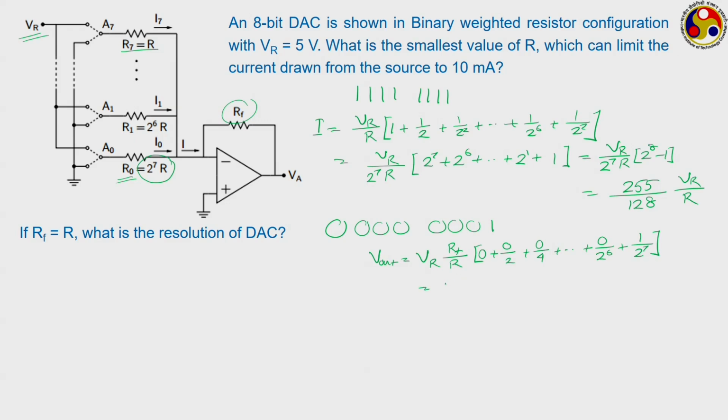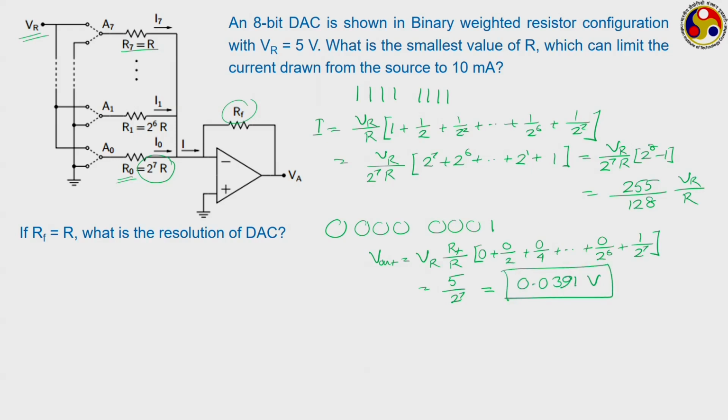So, RF is R, that means your value is equal to VR, which is 5, divided by 2 to the power 7. So, it is coming to be 0.0391 volt. So, this is the resolution.